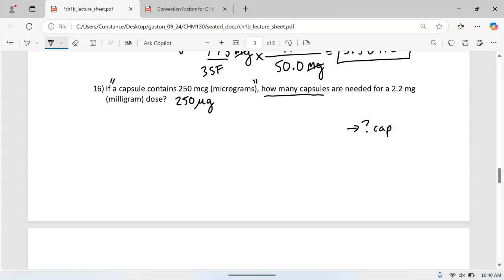Okay, so that phrase can be turned into an equality. A capsule would be 1 capsule, and I'm going to write that off to the side here. So we've got 1 capsule is equal to, or contains, 250 micrograms.